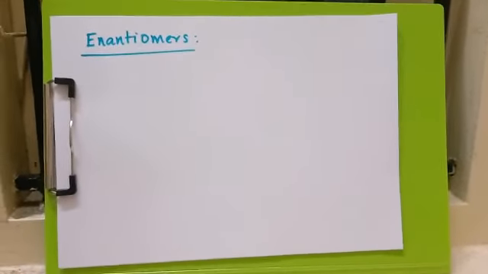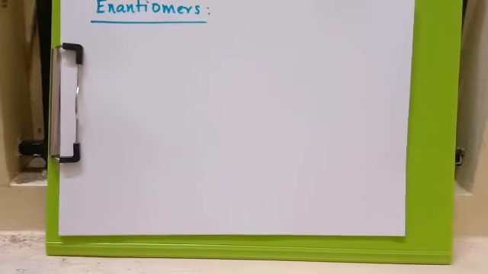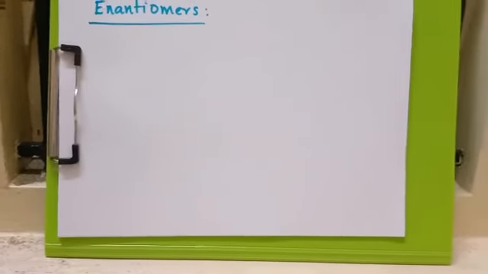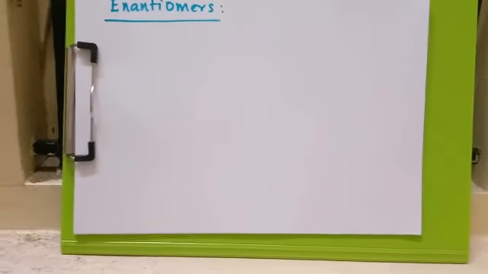Generally we say enantio means opposite and mers means unit. Here, whenever we flip the original image, the wedge group becomes a dashed group and the dashed group becomes a wedge group.